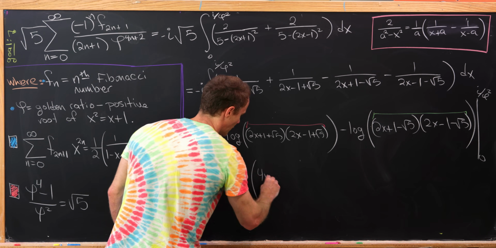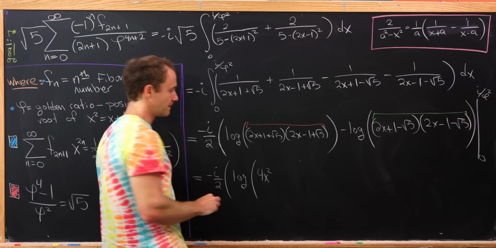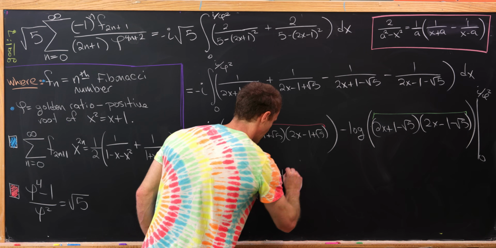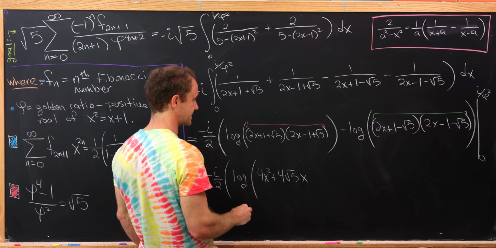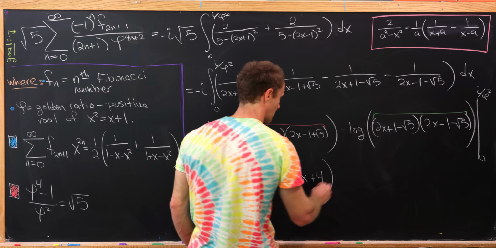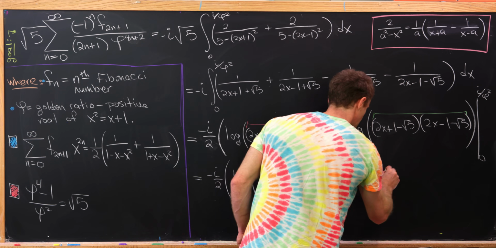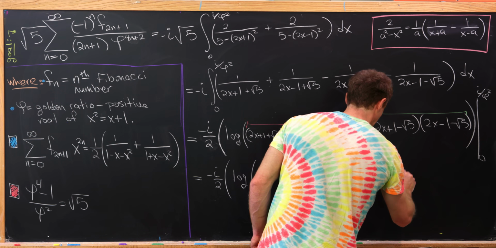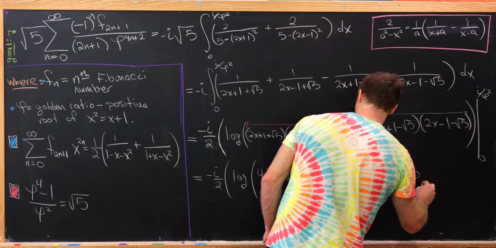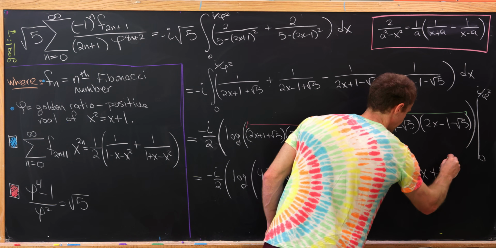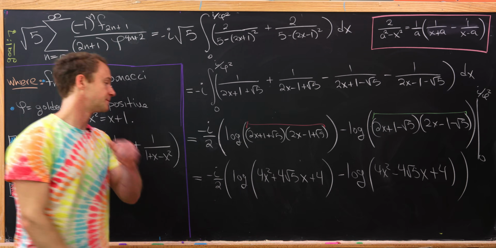We'll have a 4x squared plus 4 times root 5 x plus 4. And then we're going to have something similar over here, so it'll be the log of 4x squared minus 4 root 5 x plus 4. Okay, nice.